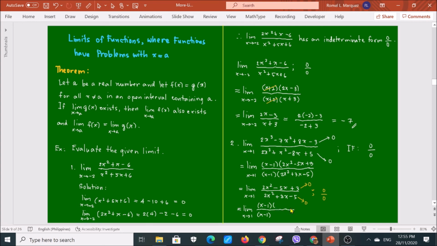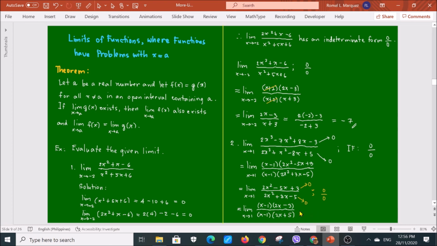What is the other factor, guys? 2x minus 3. The other one, 2x plus 5. Negative 2, positive 5, positive 3. Negative 2, negative 3, negative 5.